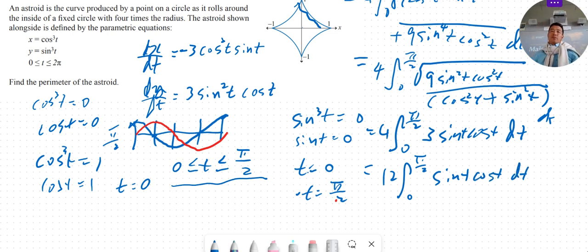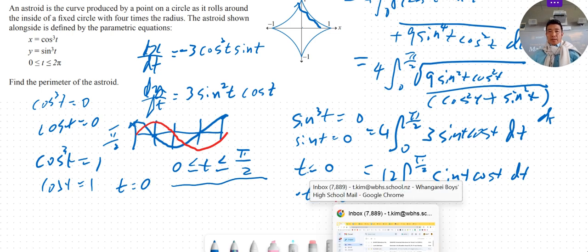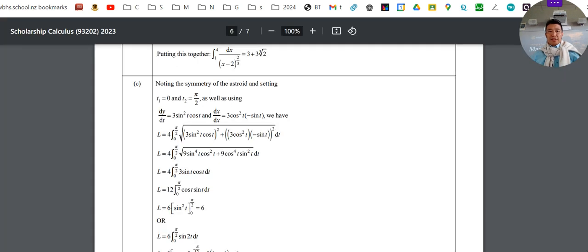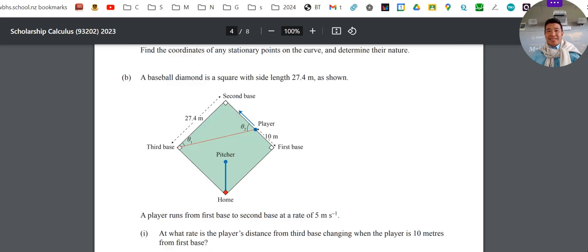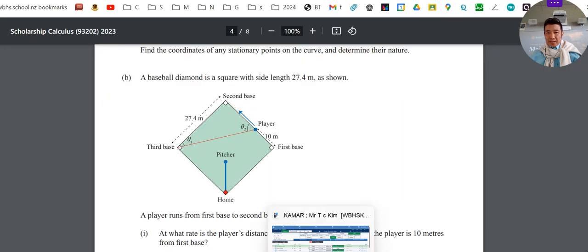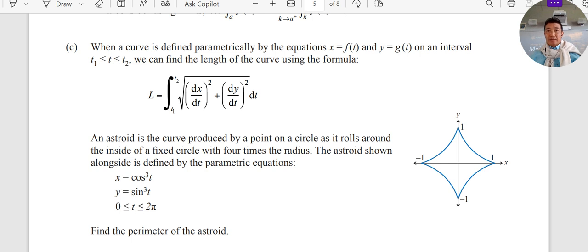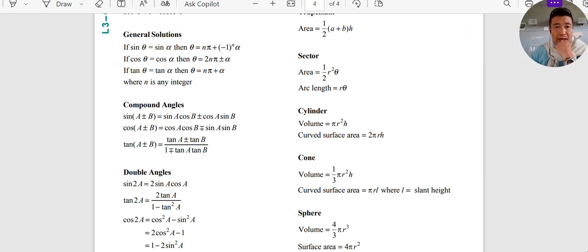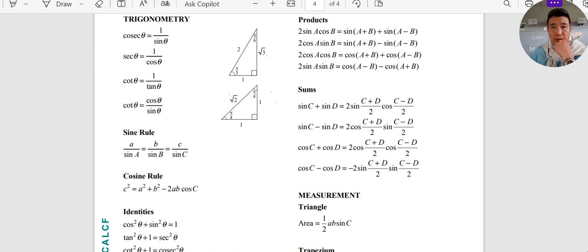This is the moment we use the formula sheet. Let me see where I have the formula sheet. Yeah, we can use our angle identity, or we can use the products.